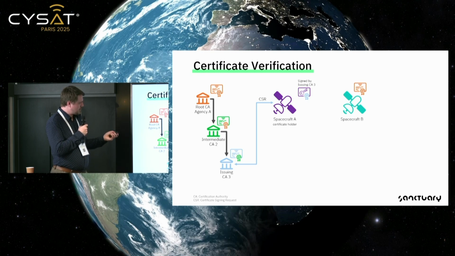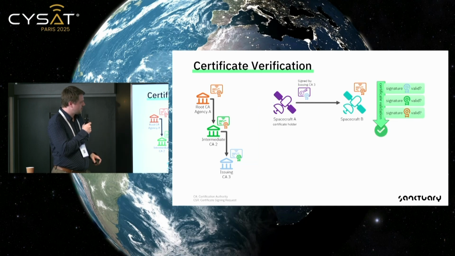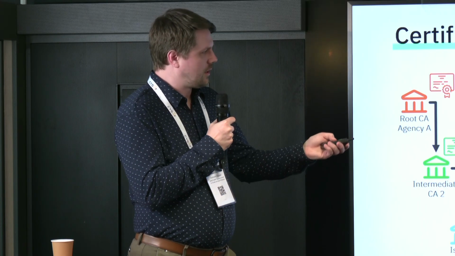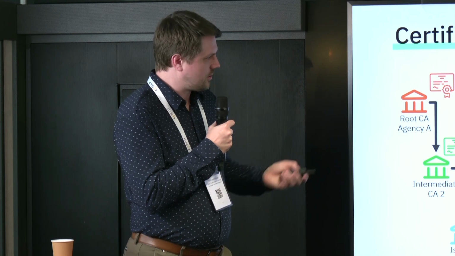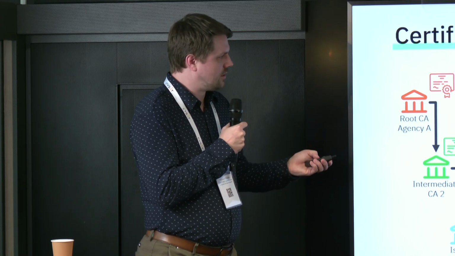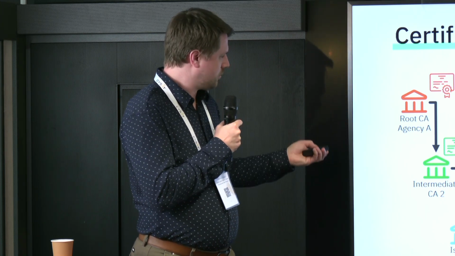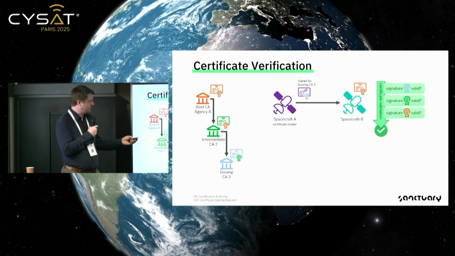Okay, now the spacecraft does have the certificate over its key. So if it's now sending the key and the certificate, the spacecraft B can validate first of all this signature, then it will discover this one, will go all the way back, and will eventually come to the orange signature and certificate, having a full chain of certificates proving that basically this key was eventually approved by an ancestor of the orange one.